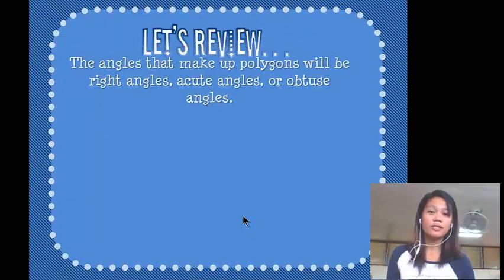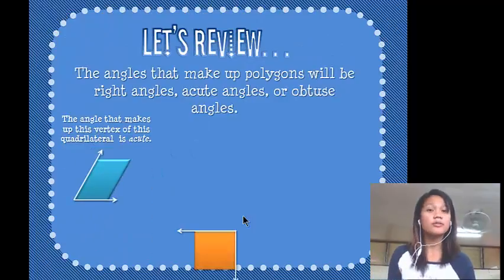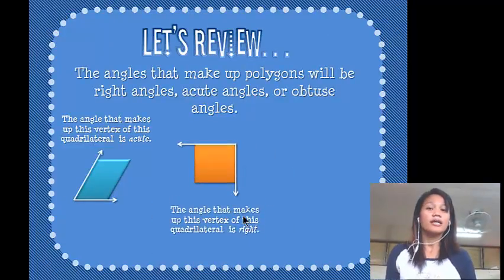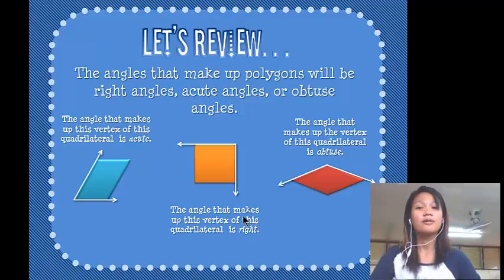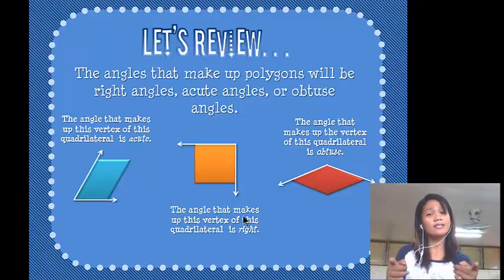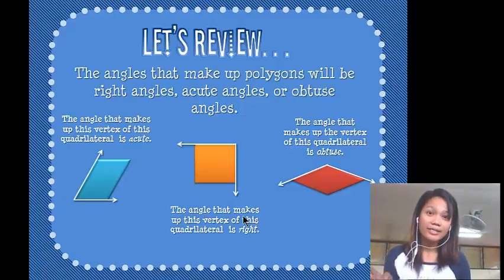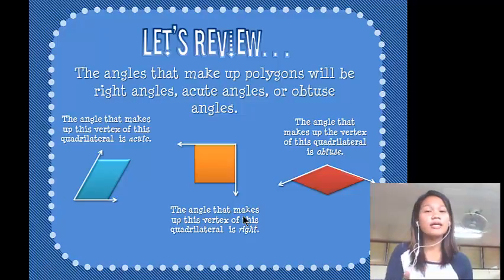A quadrilateral is a polygon, right? And a polygon is made up of angles, which are identified according to their measures. So we have the right angles, measuring 90 degrees. The acute angles are measuring what?